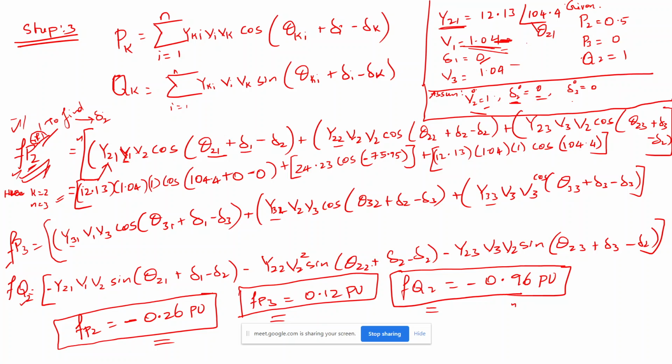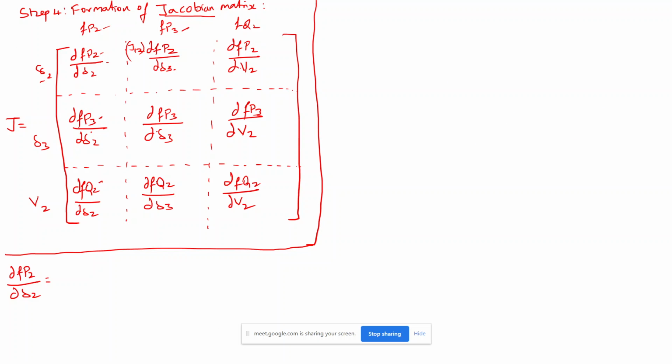So I am directly writing the derivatives because we already got practice in this. It is nothing but Y21 V1 V2 sine of theta 21 plus del 1 minus del 2, plus Y23 V3 V2 sine of theta 23 plus del 3 minus del 2.